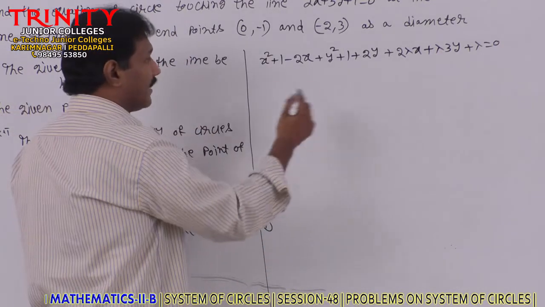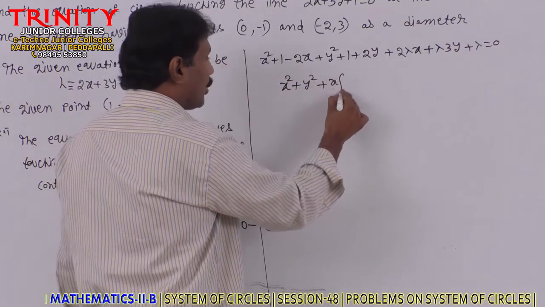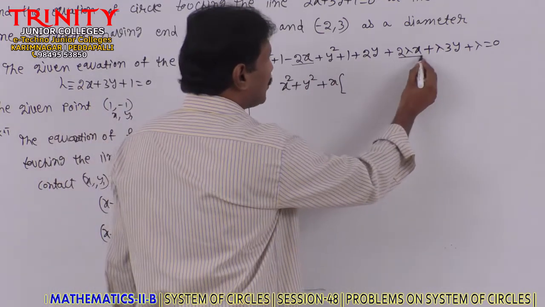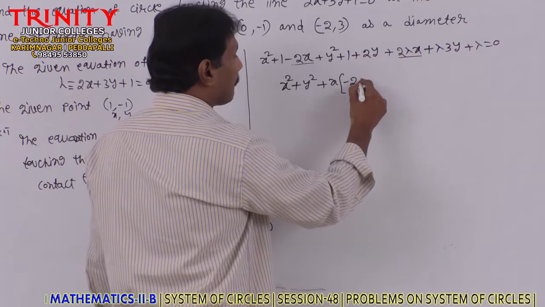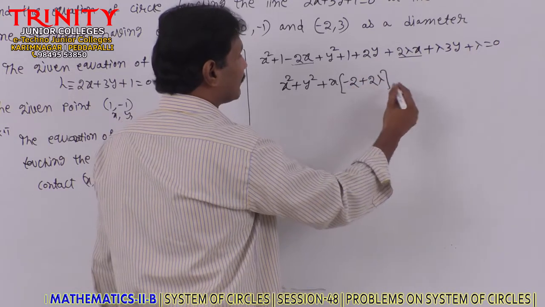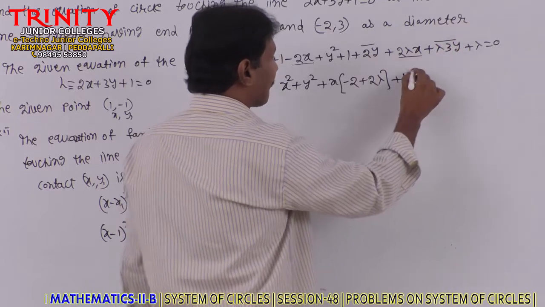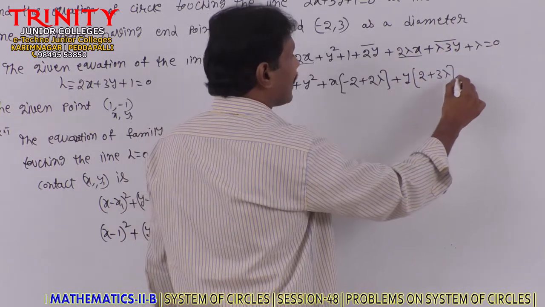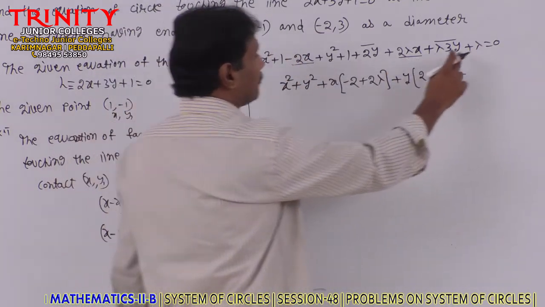Write in circle order: x square plus y square plus coefficient of x, which is minus 2 plus 2 lambda, x, plus coefficient of y, which is 2 plus 3 lambda, plus the remaining constant 1 plus 1, that is 2 plus lambda, equal to 0.